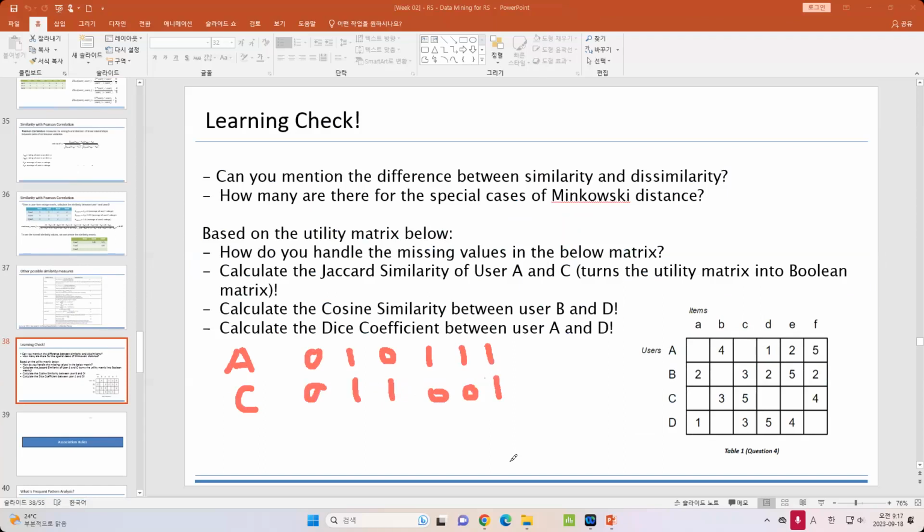So by giving these numbers, we don't care about the 0. We only care about the number 1.